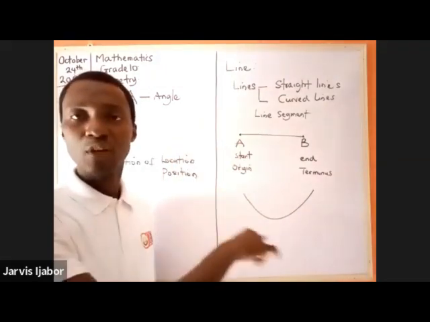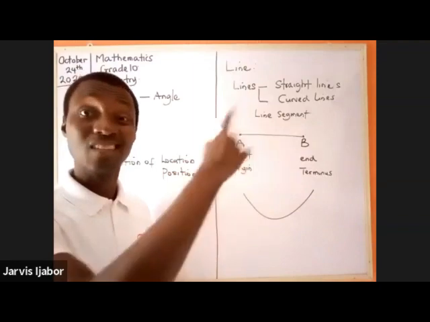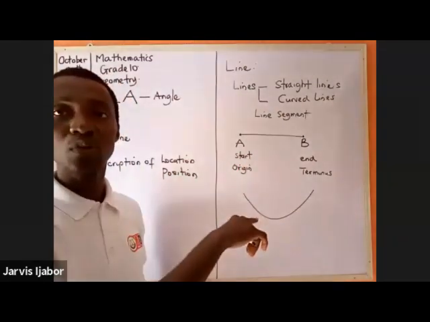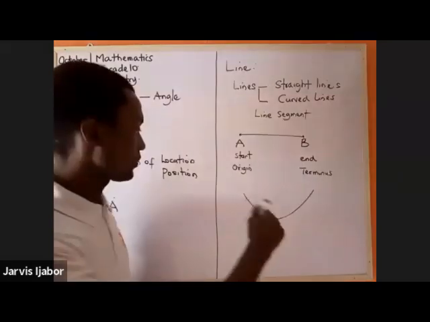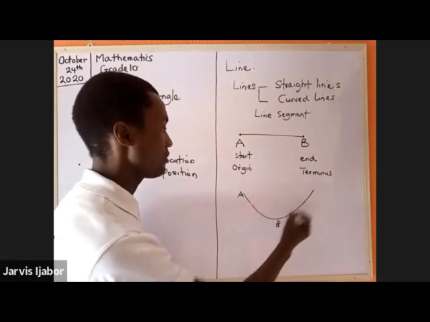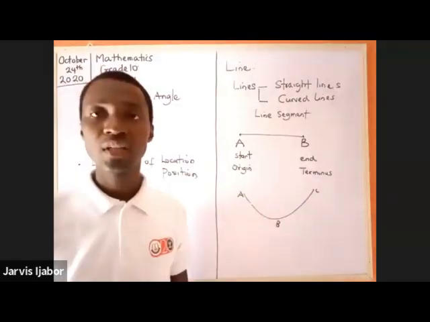I made mention of this because this is very important when we are forming shapes. You can have shapes that are circular in nature, and they are formed by trying to look at what is called a curved line. So we could have here as A, maybe B, maybe C. So this is what is called a curved line.